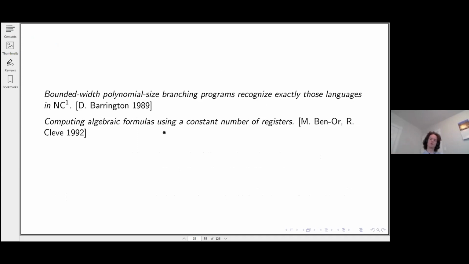What both of these papers have in common is that they show you how to trade off time and space in order to get algorithms that use an extremely limited amount of memory. Another thing they have in common is that they both make use of the idea of reversible computations. So for our algorithm, we're going to use a concept of reversible computations that operate on registers.